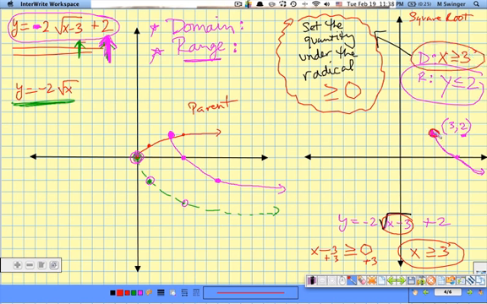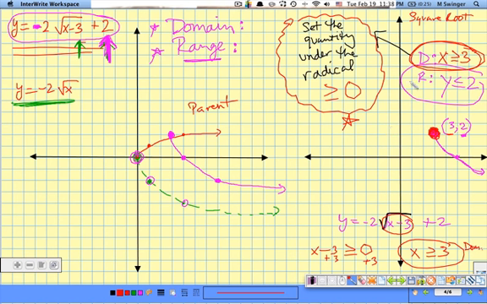It starts here and it goes to the right, right? If I'm looking left and right, it starts here, goes to the right. It starts at 3 and it goes to 4 to 5 to 6 to 7. That's why it's x is greater or equal to 3. All you have to do is set whatever's underneath here greater than or equal to 0, and you got your domain. Okay? That's the trick.